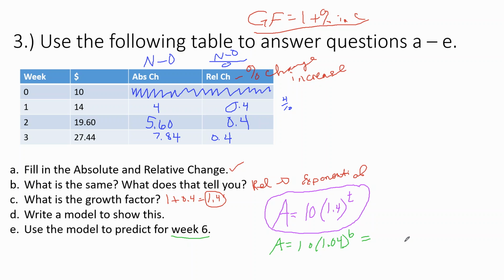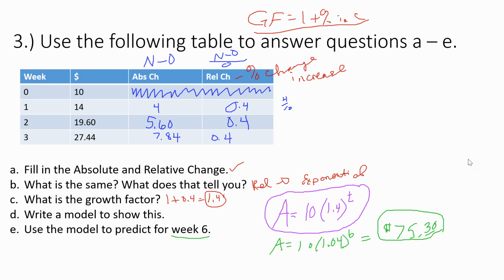I got 75.29. 295. 295, yep. So it rounds up to 30 because we're talking about money. So in week 6, you'd have $75.30 if it continues to grow at this pace, right? And there's exponentials in a nutshell. We're going to do more, but that's basically it.